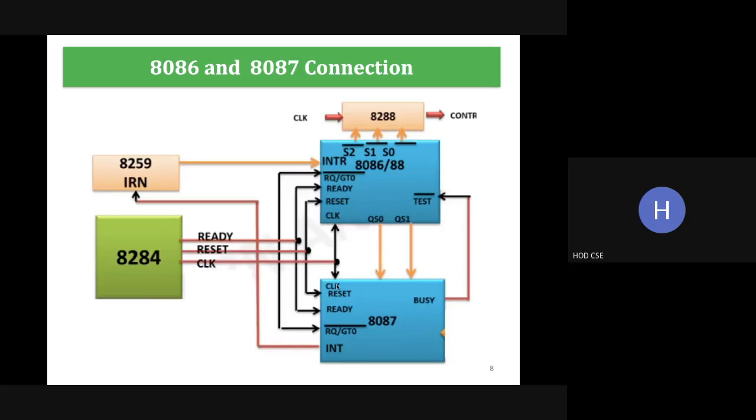And we have the clock signal, and the QS0 and QS1 of 8086 are connected with this. Here also it is connected. And see here, the busy signal of 8087 is connected to this test. So through this test and the busy pin only, both 8086 and 8087 will be communicating. Hope you understood.